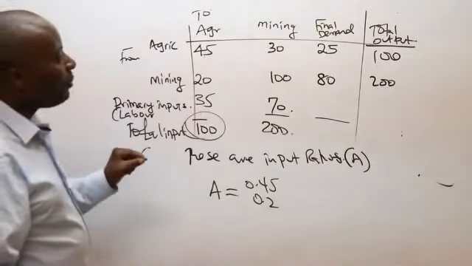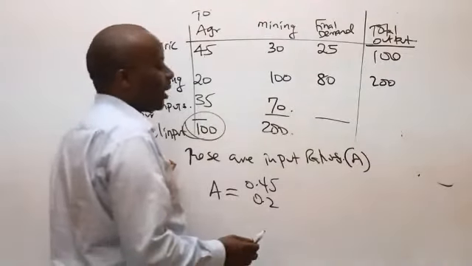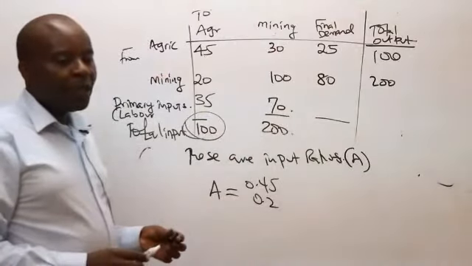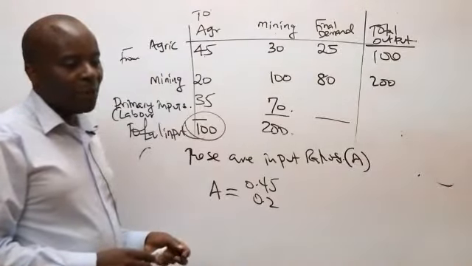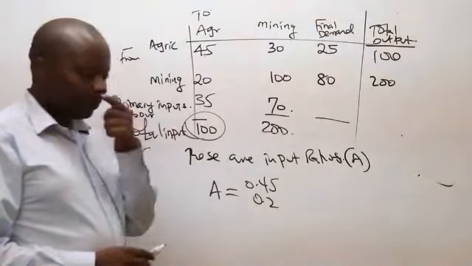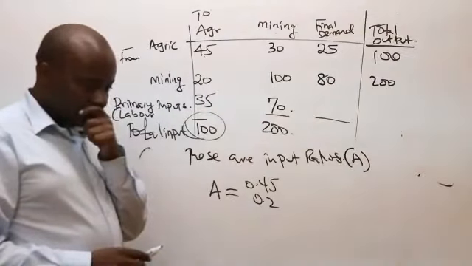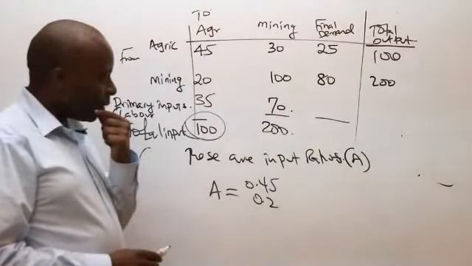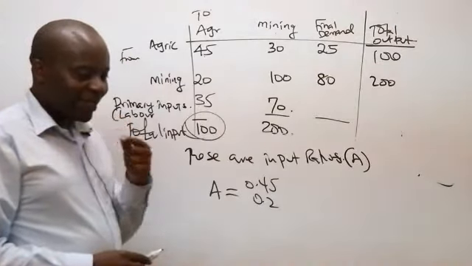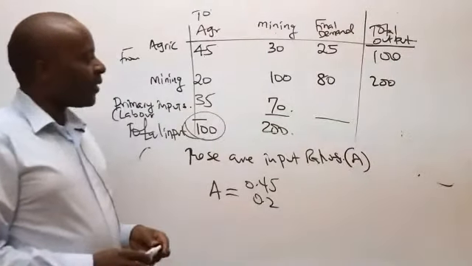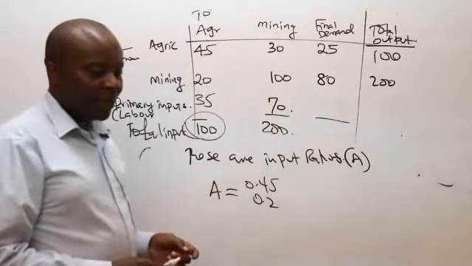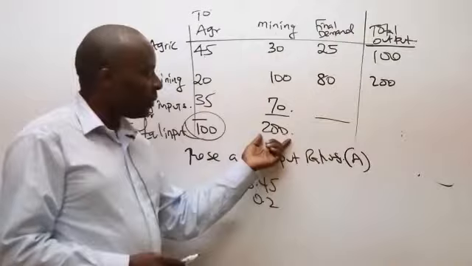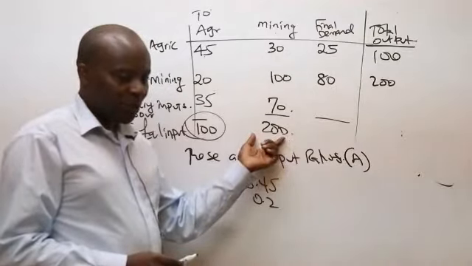How about the input ratios of mining, if you're following? What will the input ratio of mining be, somebody? Try. 0.3 and 0.1. Thanks for trying, but be more careful. What is the total input here for mining? Not 100, it's 200.